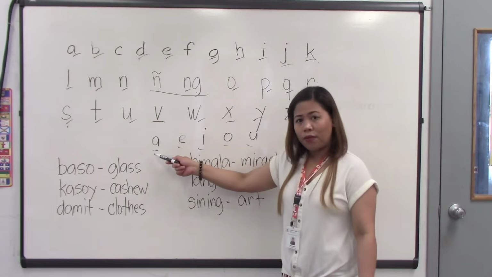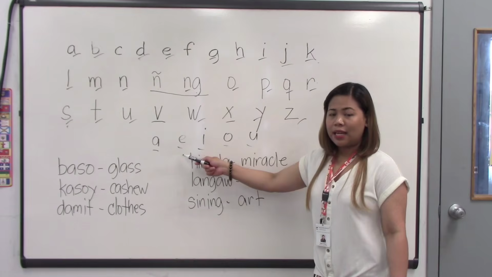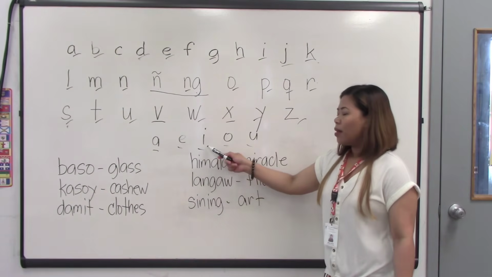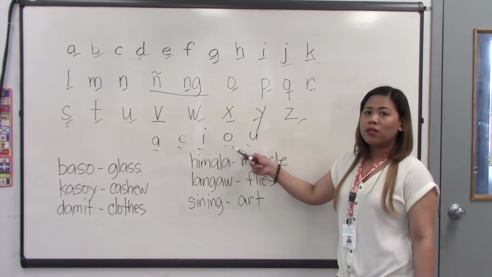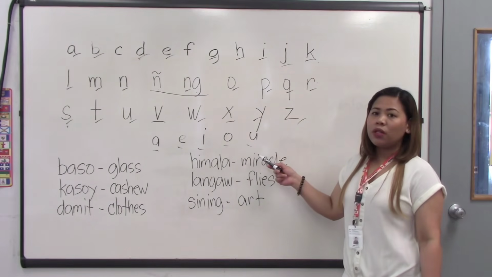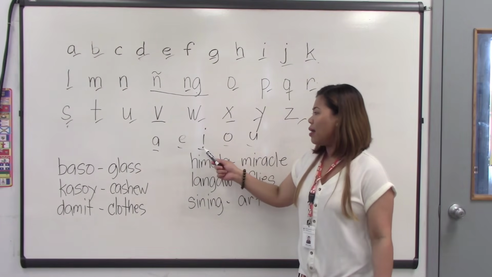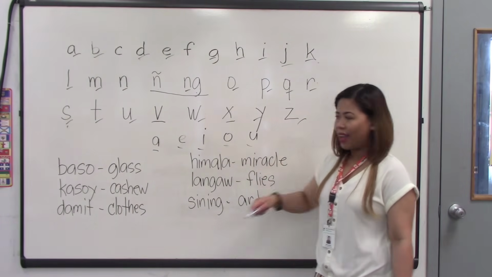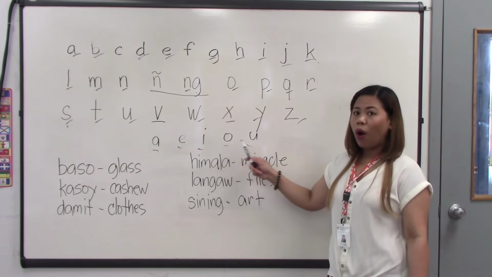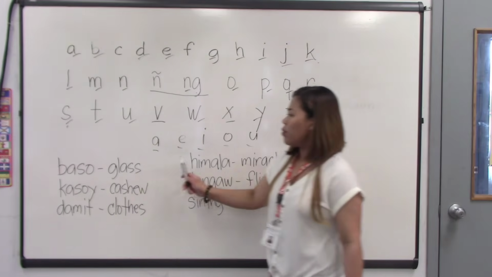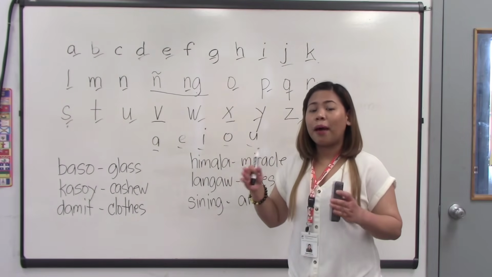So again, the vowel A is just A. The vowel E is E. The vowel I is E. The vowel O is O. And the vowel U is U. So we read it as A, E, I, O, U. Again, it's A, E, I, O, U.